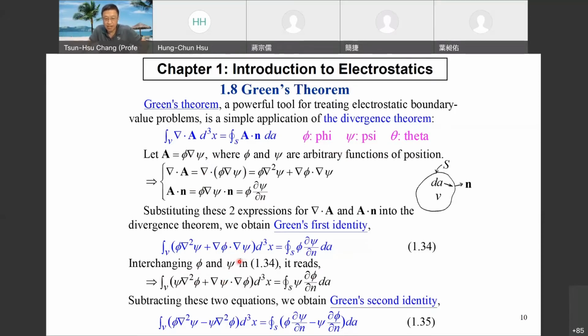So cancel the same. So this one minus this one minus this one. So we have volume integration and surface integration. So the major advantage of the Green theorem is it's a combination of volume integration and surface integration. That gives us a lot of freedom, much easier to deal with.